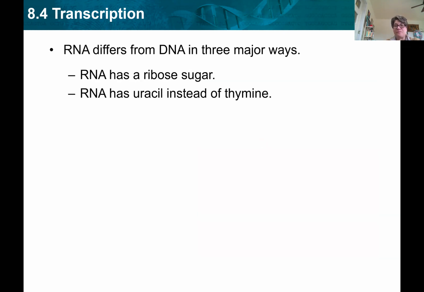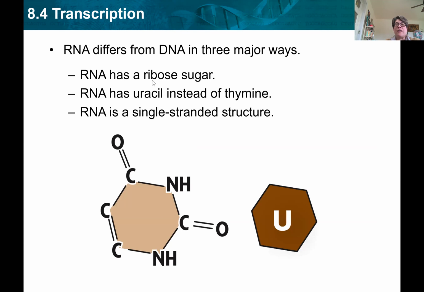Okay. So here are three ways that RNA and DNA are different. First of all, RNA has a ribose sugar. DNA is called deoxyribose. I probably didn't tell you those terms all the way, so let me write that here.